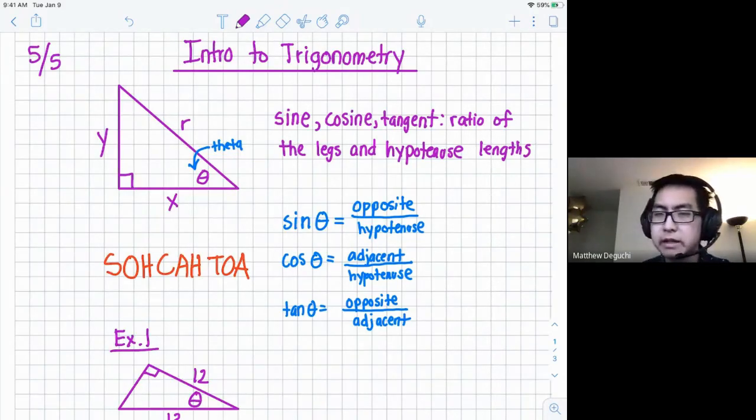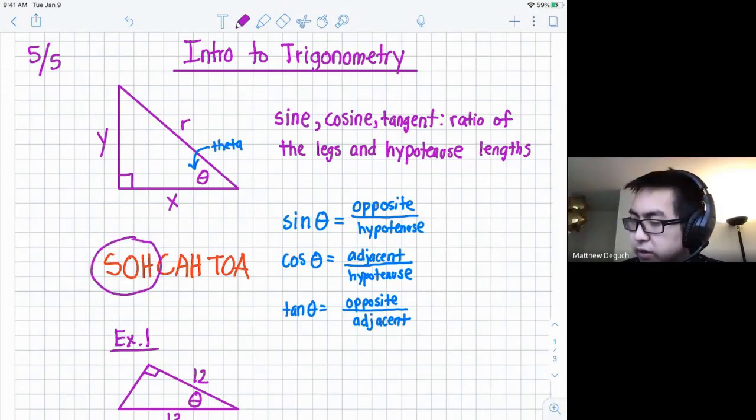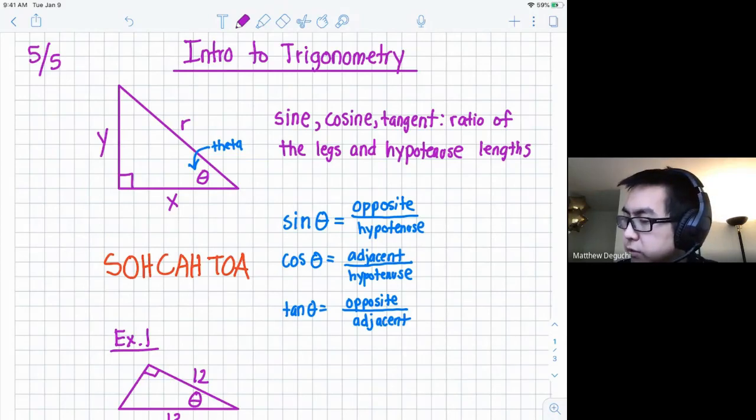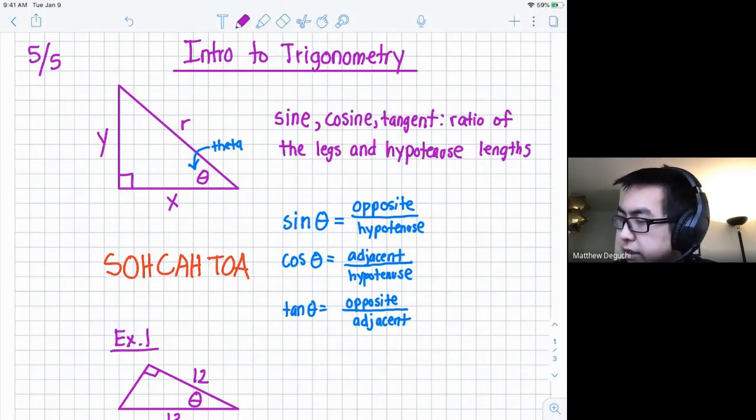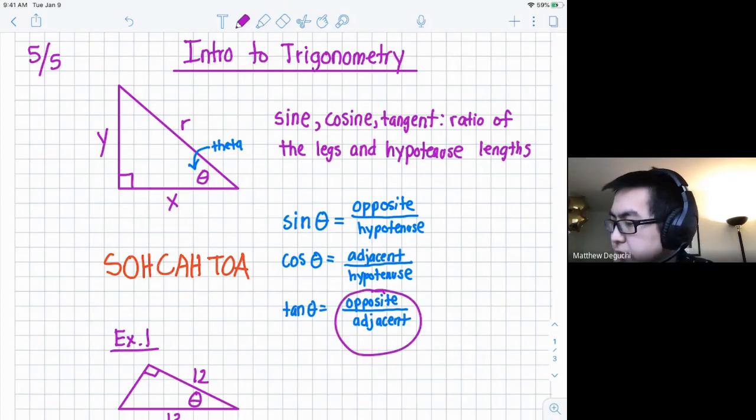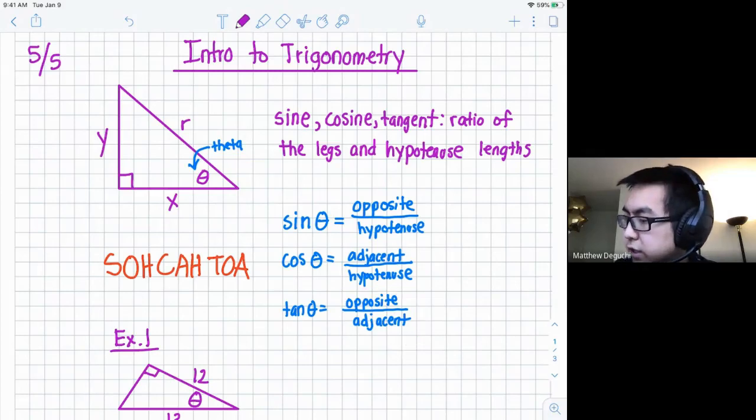So what I wrote down here is your trig ratios. Sine theta is opposite over hypotenuse, which is the SO in SOHCAHTOA. Cosine theta is equal to adjacent over hypotenuse, which is the CAH in SOHCAHTOA, and tangent theta is opposite over adjacent, which is the TOA part.